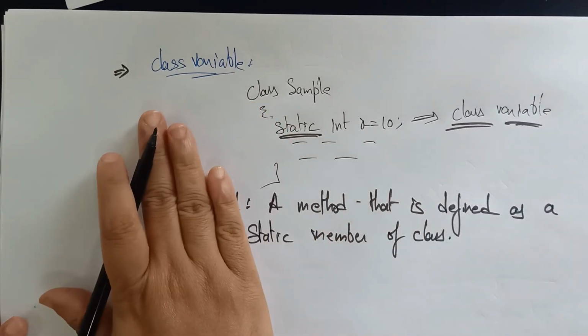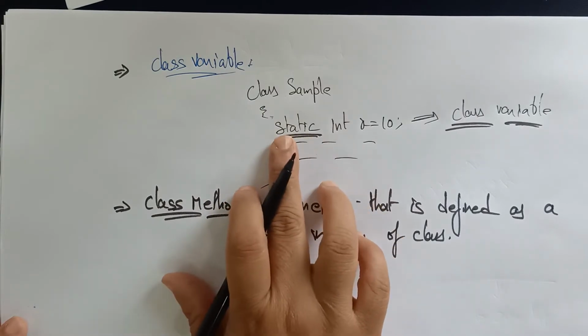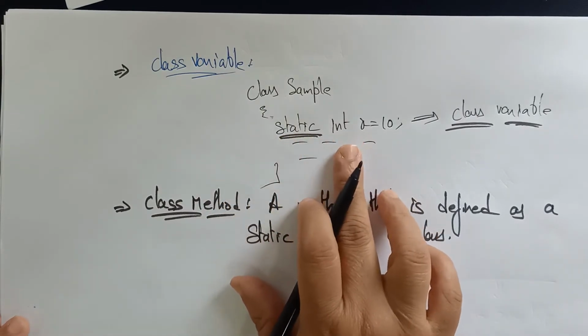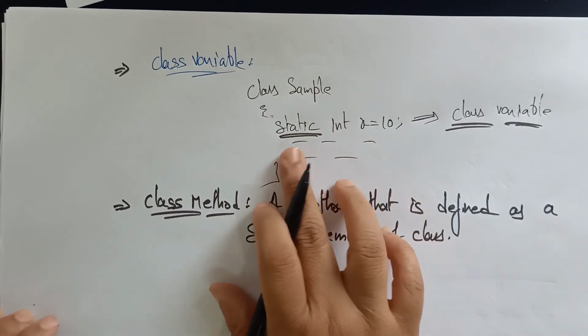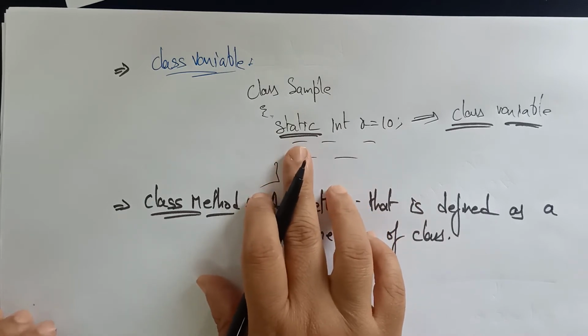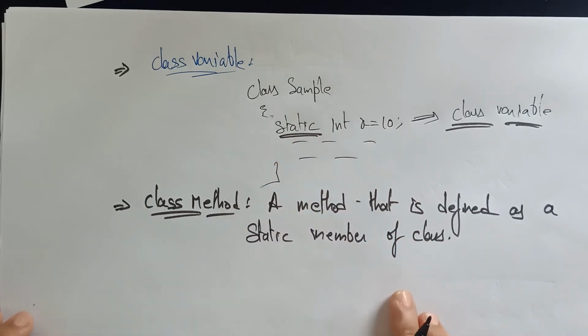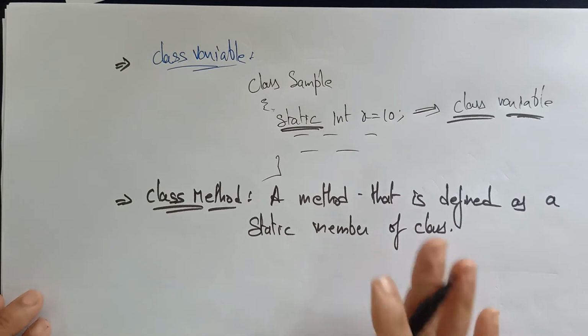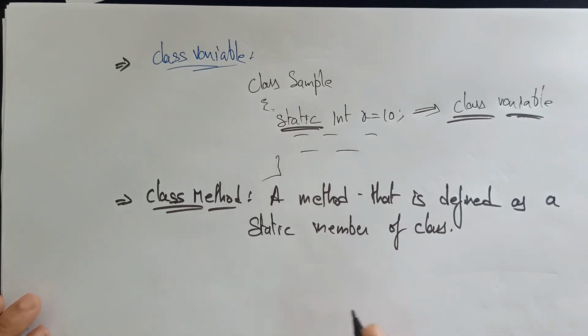Static variable I already explained. It's just simply adding static before a value that is initialized, then you call it a class variable. So if a method is defined as a static member of a class, then you call it a class method.